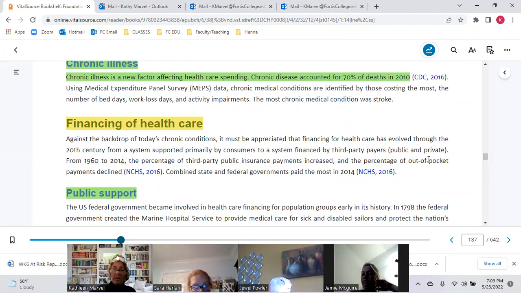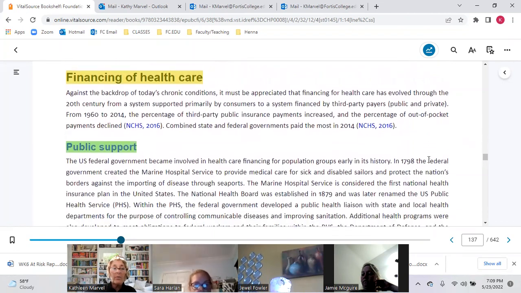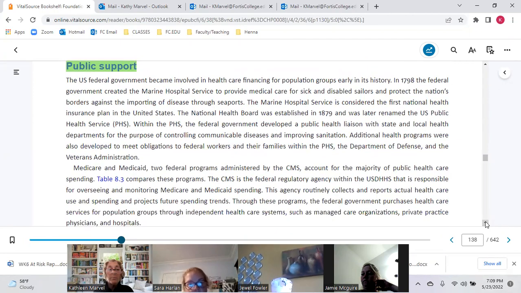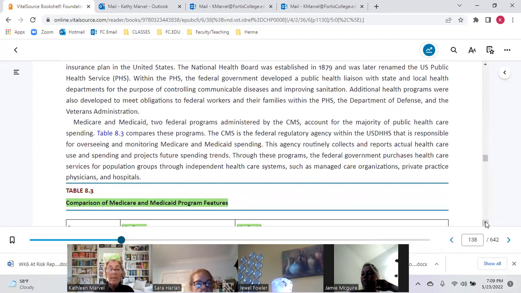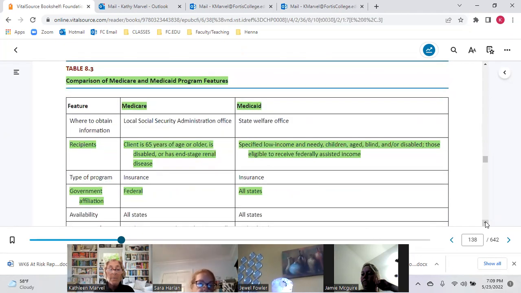Okay. And then the last section of this chapter is how do we finance healthcare? Well, we have public health support from the federal government, Medicare, Medicaid. Okay. Table 8.3.